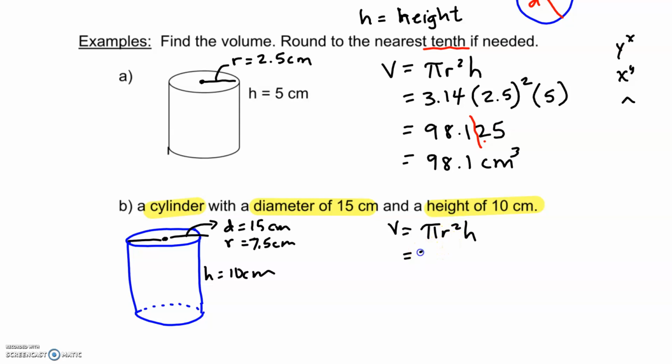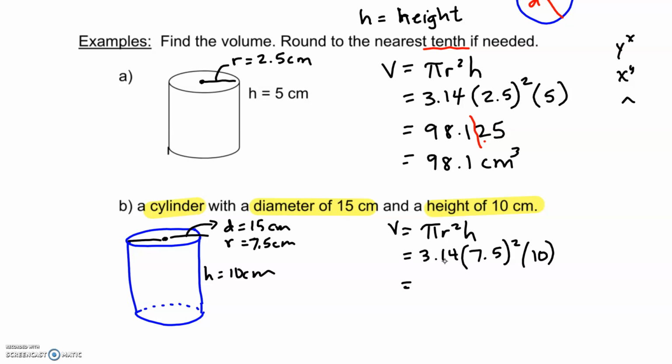So I have pi, which is 3.14, times the radius, which is 7.5 squared, times the height, which is 10. Okay, and we'll use our calculators. So it's 3.14 times 7.5 to the exponent 2, and then times 10.